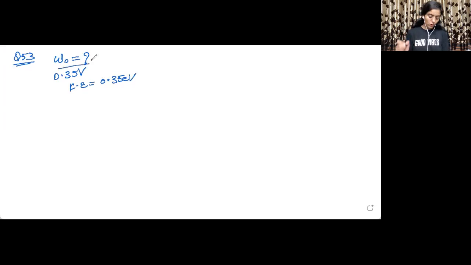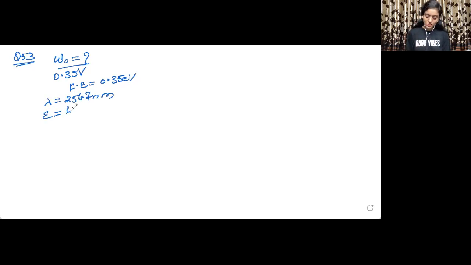We need to find out the work function, and we have also been given that the wavelength incident upon silver metal is 256.7 nanometer. From here we can find out the energy incident upon it.